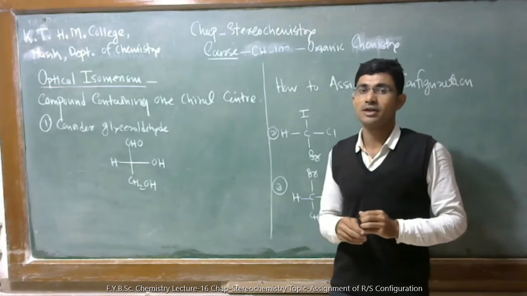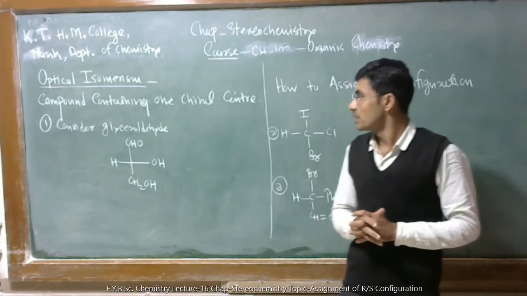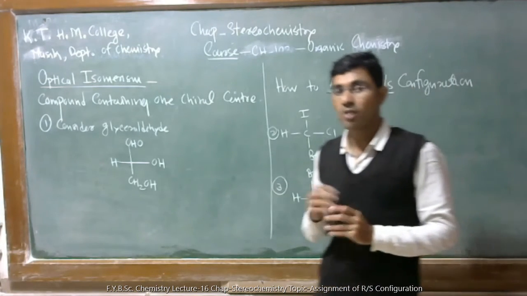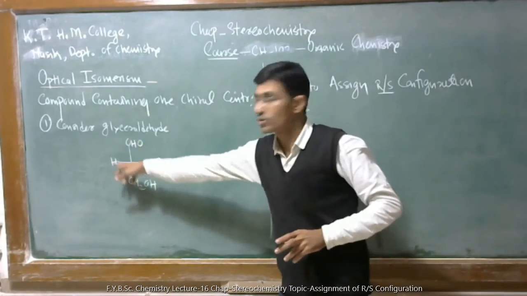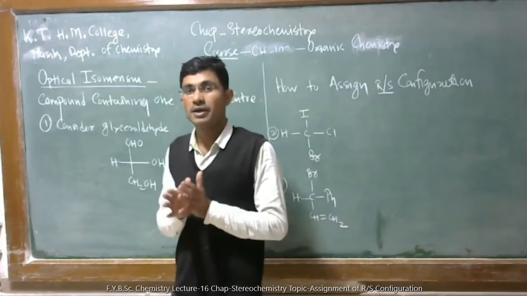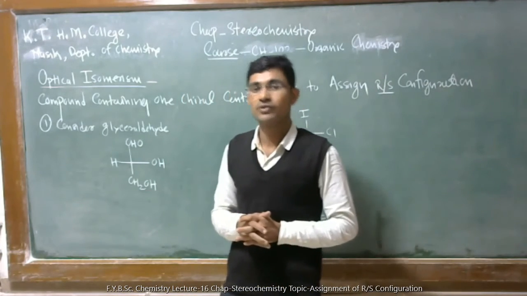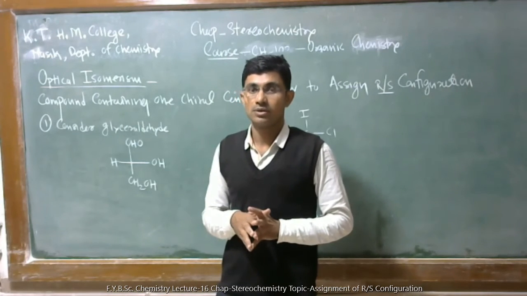So next point, the compound containing 1 chiral carbon, we discuss here. We consider the example of glyceraldehyde. This is the Fischer projection formula we read here. Many times we use the Fischer projection formula when we determine the R/S configuration.